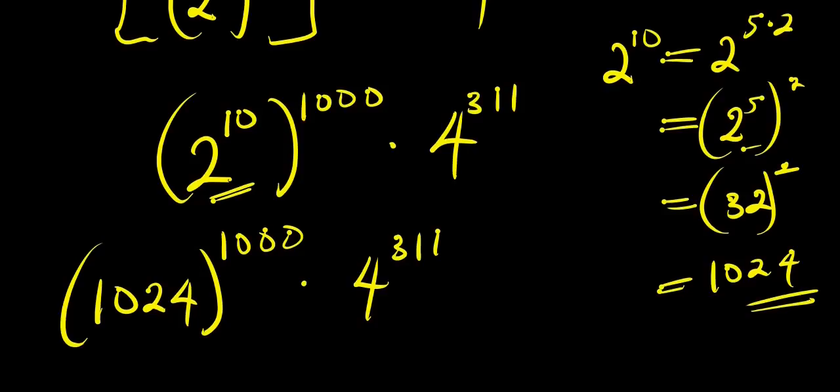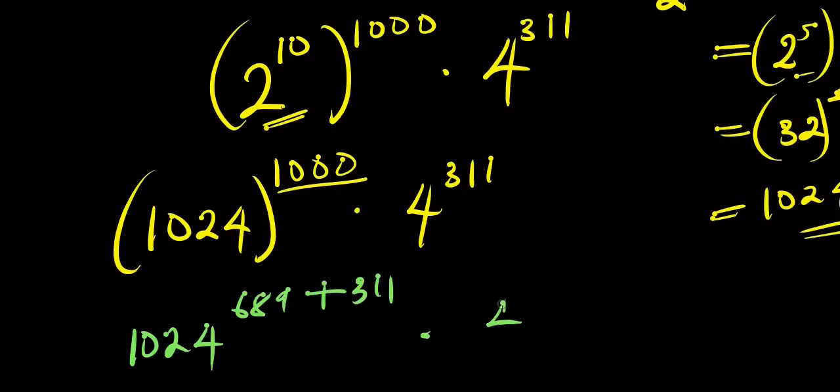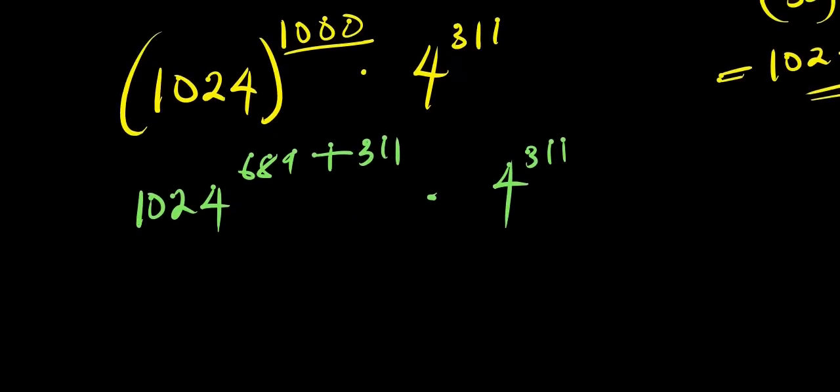Now at this point, we can also split this 1000 into two parts. We have 689 and 311, just like what we did earlier on. We have 1024 power 689 plus 311 times 4 power 311. So we go back to the same identity, a power n plus m equals a power n times a power m.